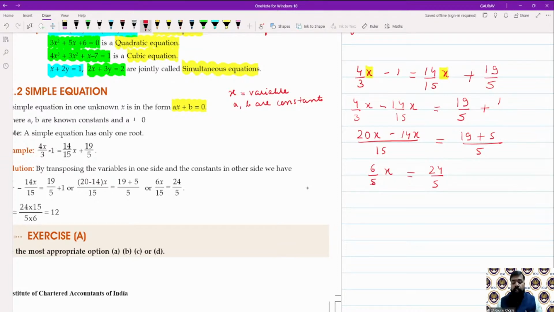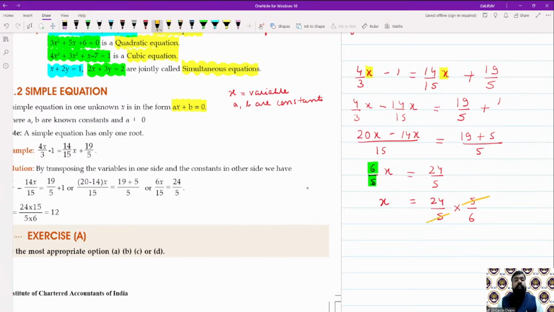Now we have to find the value of x. We have the coefficient 6 by 5 and we will send this coefficient to the other side. Here 6 by 5 is getting multiplied, so if it goes to the other side, it will be divided. It will become 24 upon 5 multiplied by 5 divided by 6. That means we simply have to take the reciprocal. All right. Now we can do the cancellation and get the result.